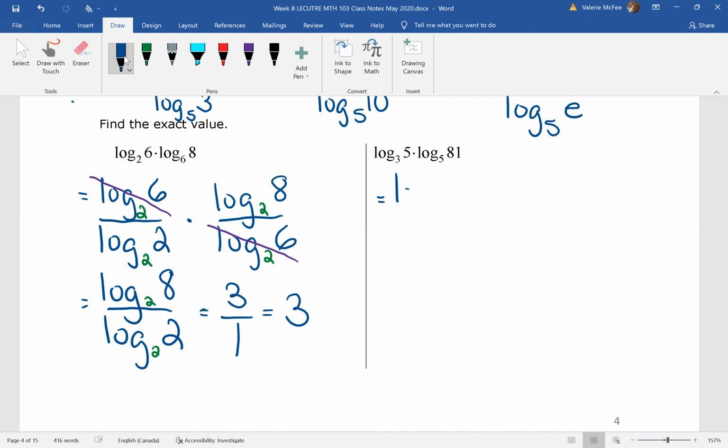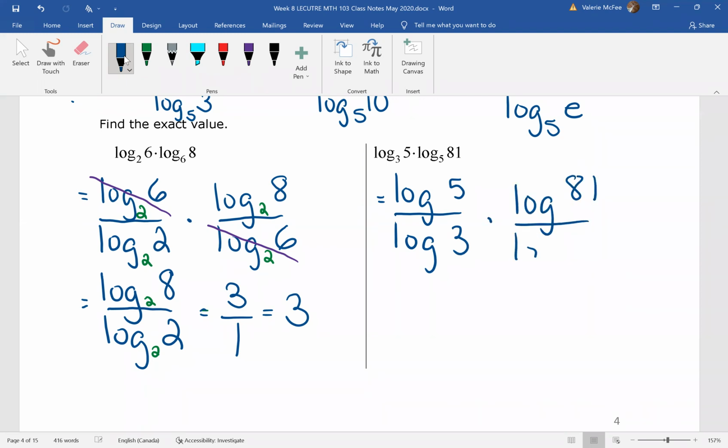So again, I first changed it to the common log just so that I could simplify. I saw that I could factor out the common log of 5. And I noticed that if I had used a base of 3, I could simplify what's left.